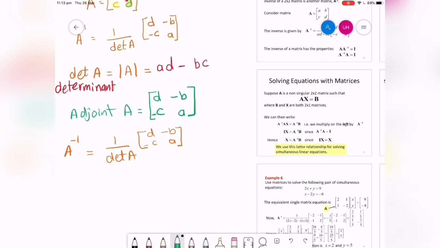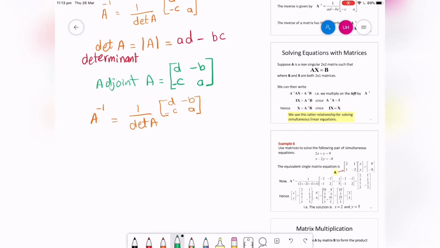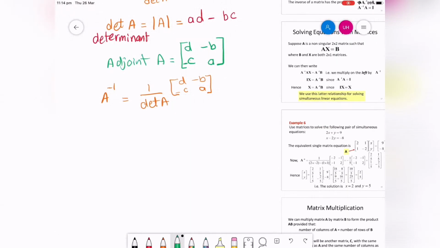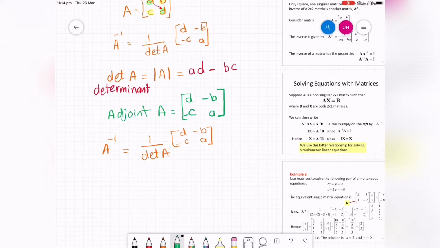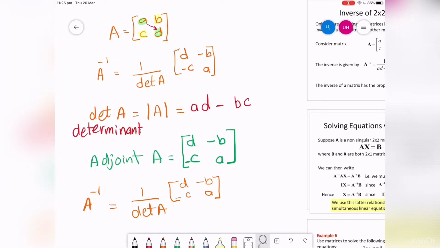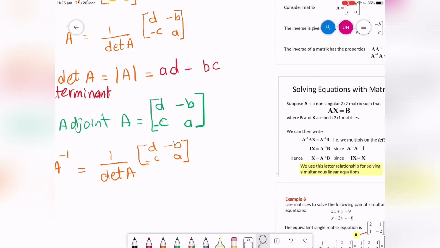Okay, right. So this is just to remind you of how to find the inverse, as we're going to need it to solve our equations with matrices. Okay, so finish from this. Let's do the solving of equations with matrices.